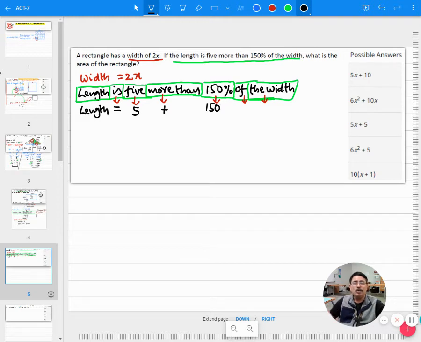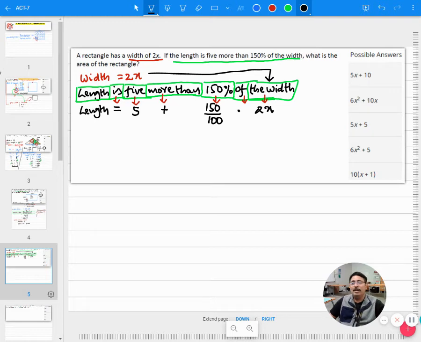150% means you may take 150. Don't forget percent means out of 100. Of means times. What is width? Width is 2x, right?